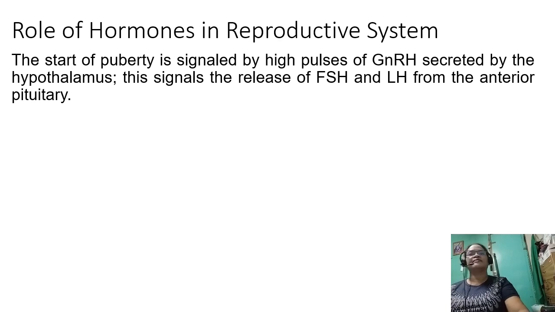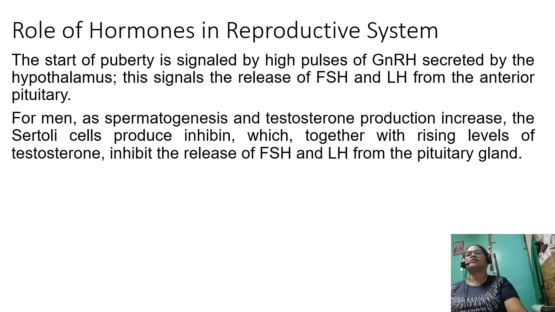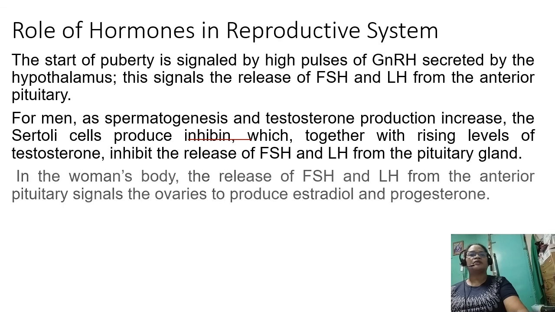This signals the release of FSH and LH from the anterior pituitary. For men, as spermatogenesis and testosterone production increase, the Sertoli cells produce inhibin, which together with rising levels of testosterone inhibits the release of FSH and LH from the pituitary gland.